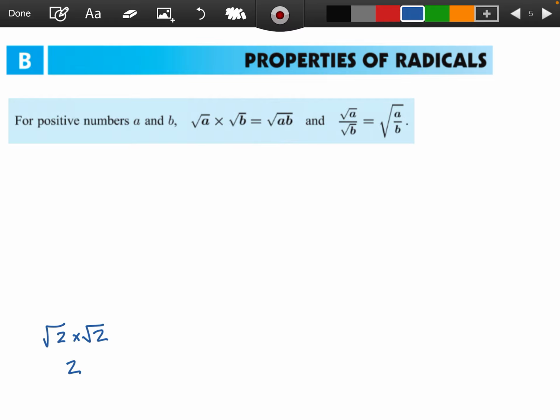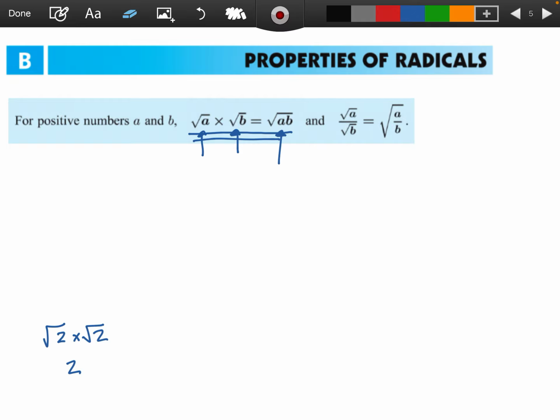So now in this video, we're starting to look at multiplying radicals together that are different. So √a times √b, two different radicals multiplying together. And we see here that if we multiply two separate radicals together, it is the same as a single radical with those two original numbers underneath multiplied together.